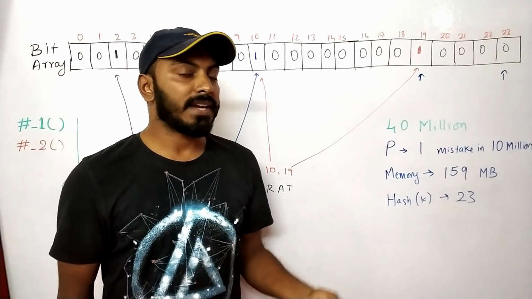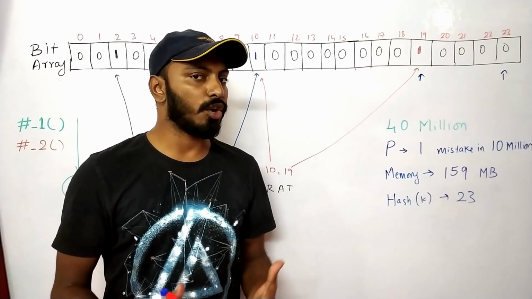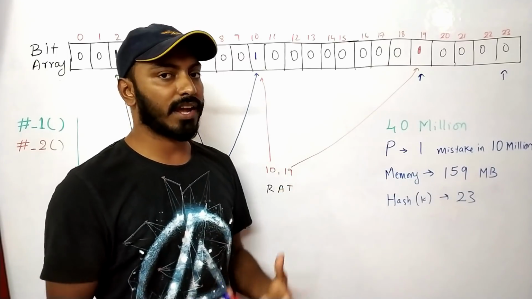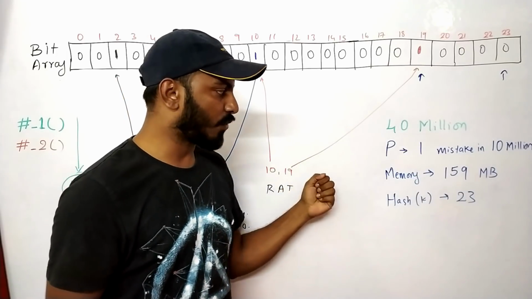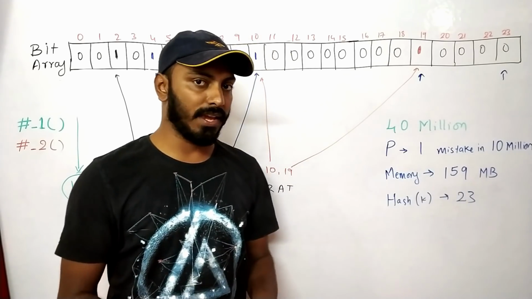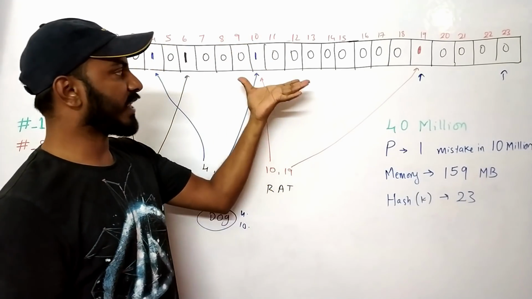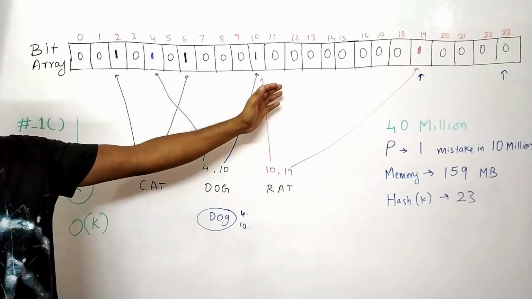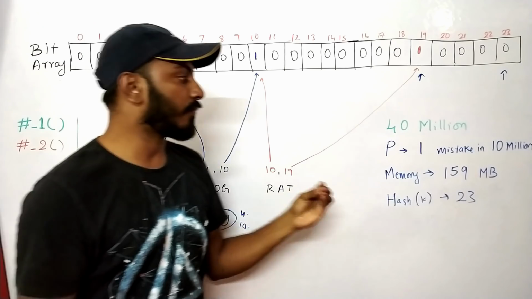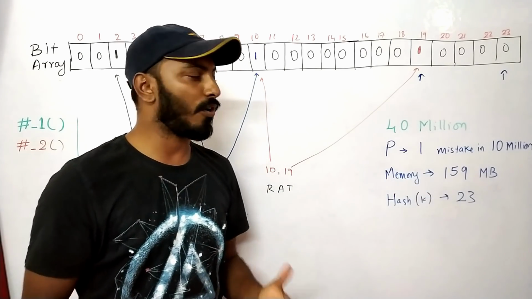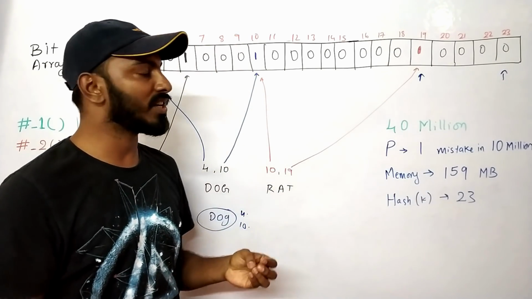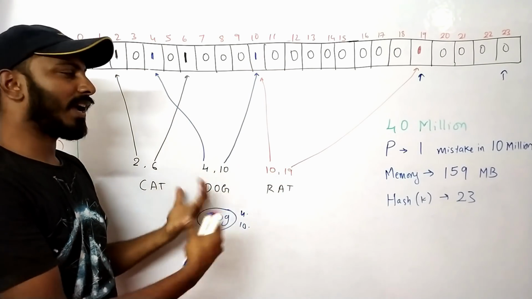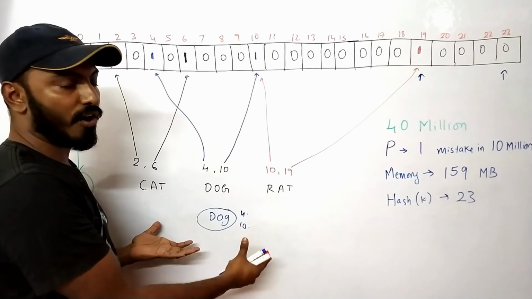And here is the approximate calculation of how much memory you might need to save the Bloom filter to save 40 million records. We might require 159 MB of storage to save this particular Bloom filter. That is the bits representation of the Bloom filter. So we will need about 159 or 160 MB of storage to save this data once we process 40 million records, okay?